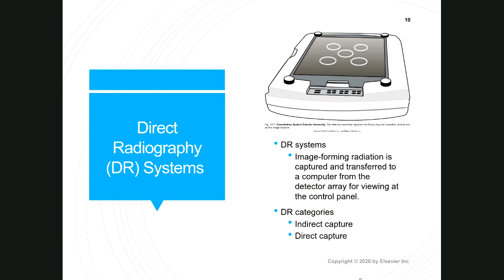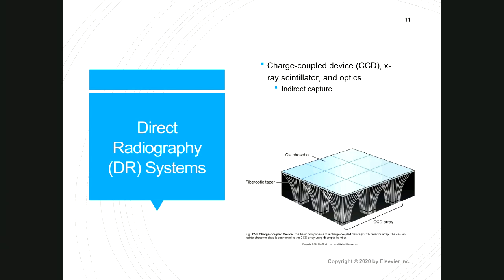And there are actually two forms of indirect capture. One of the forms of indirect capture uses what's called a charge-coupled device, an X-ray scintillator, and the optics. That is the first form of indirect capture.